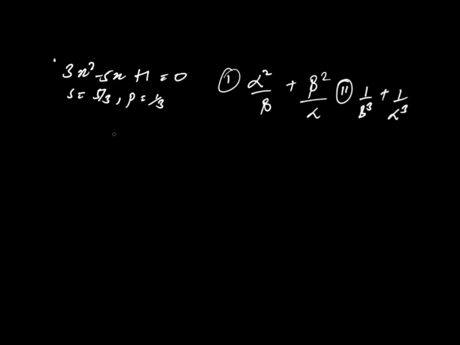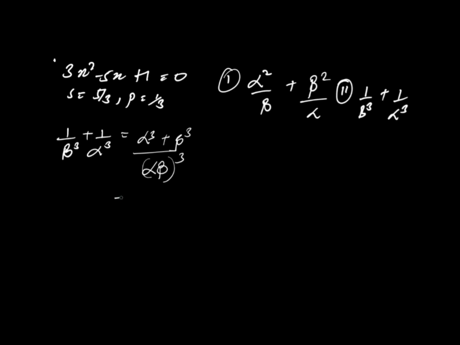Having known that we still have the same sum and the product, so what we're going to do here, we're going to say that 1 out of beta cubed plus 1 out of alpha cubed would be equals to alpha cubed plus beta cubed all over alpha beta cubed.